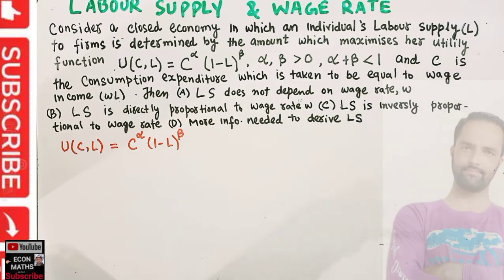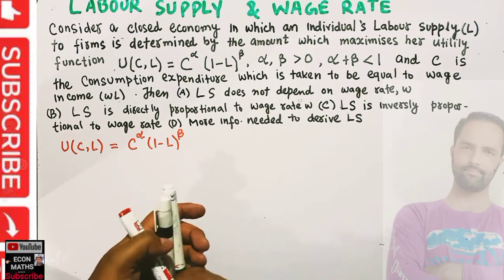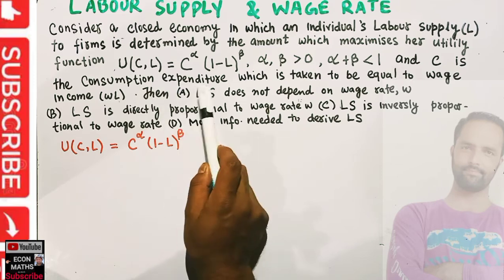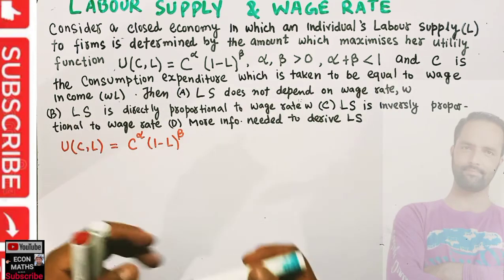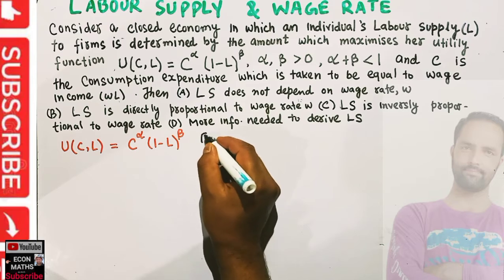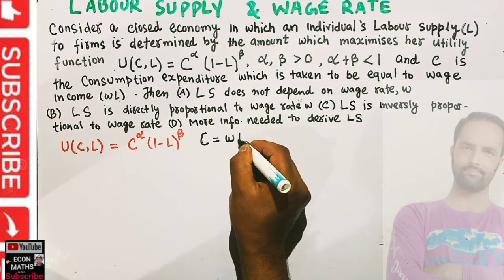This is the individual's utility function, and we are also being told that consumption expenditure is equal to the wage income, so C is equal to WL.